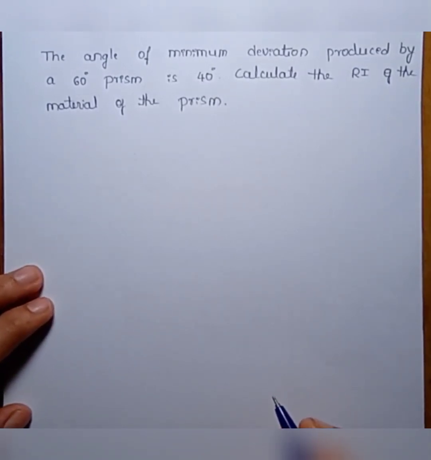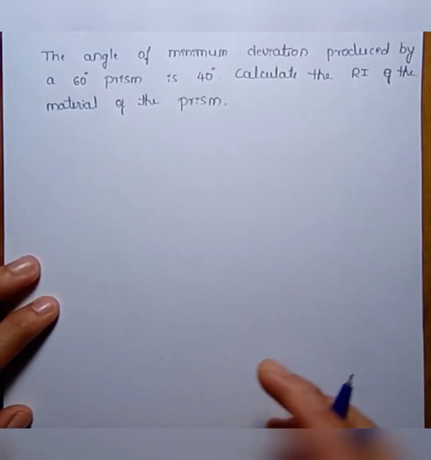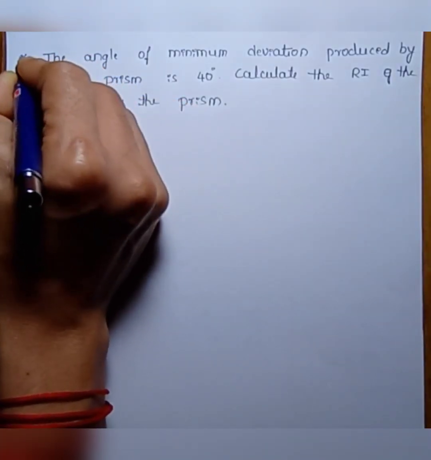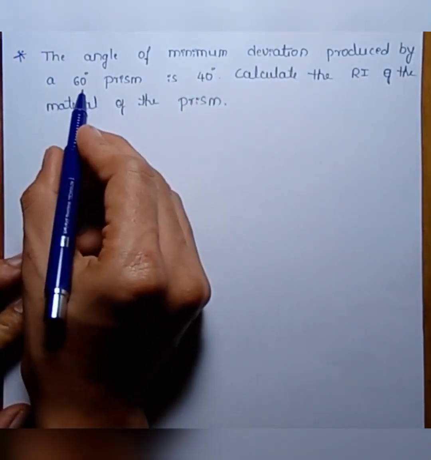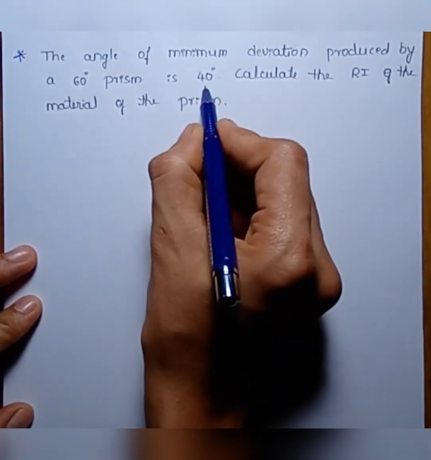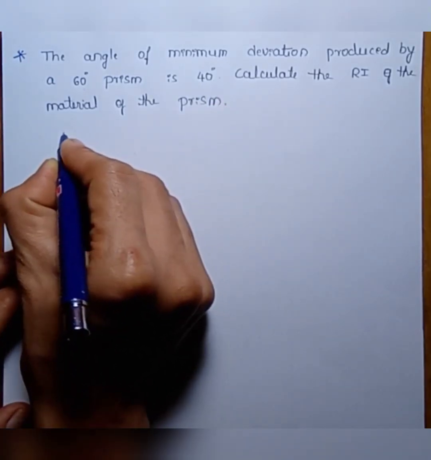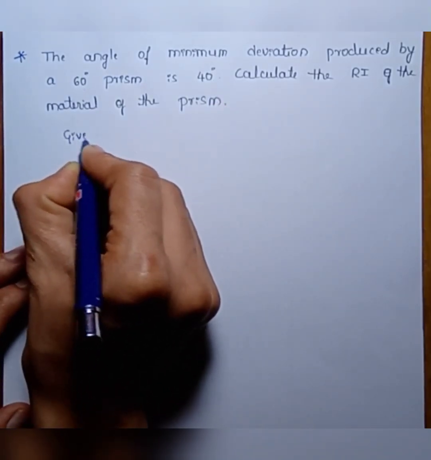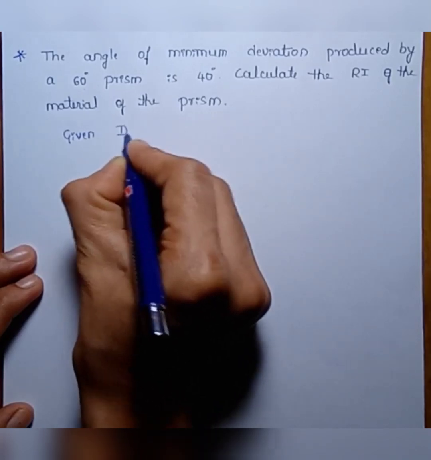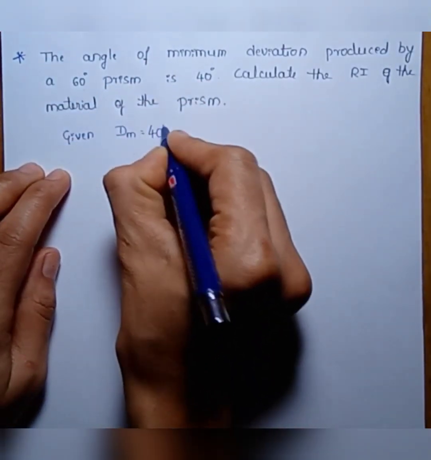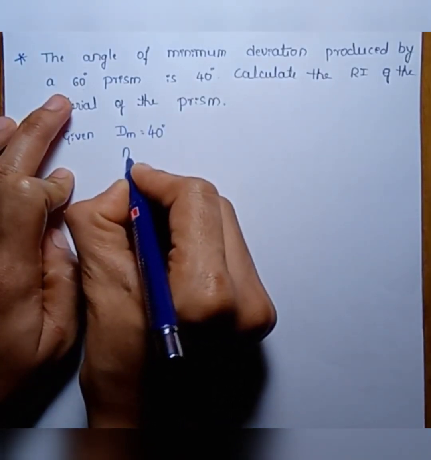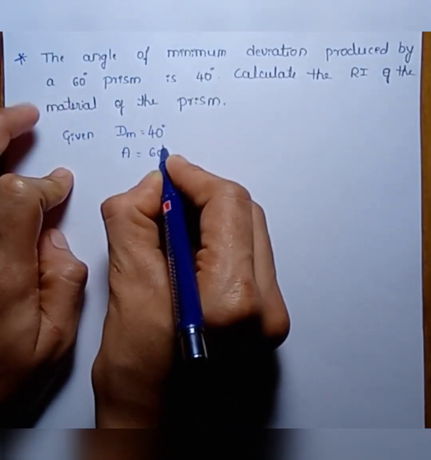Let us see one more problem based on the refraction of light through a prism. The angle of minimum deviation produced by a 60-degree prism is 40 degrees. That is, given quantities: angle of deviation Dm is equal to 40 degrees and refracting angle A is equal to 60 degrees.